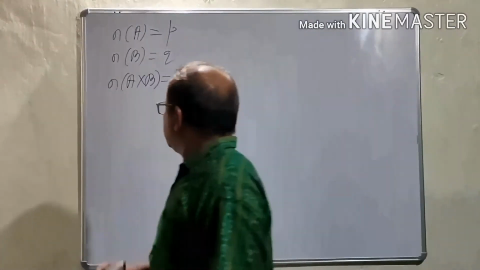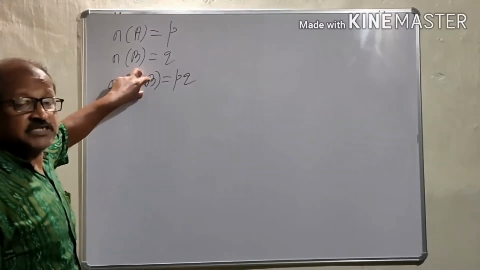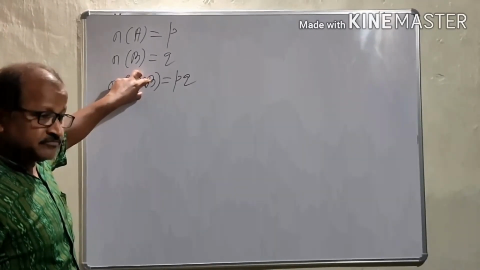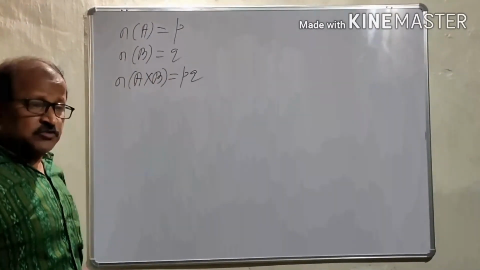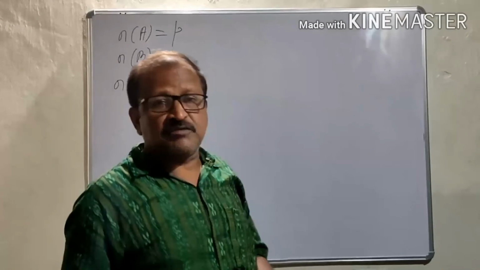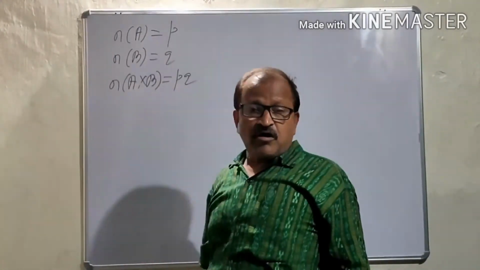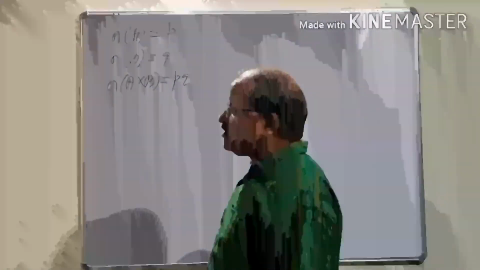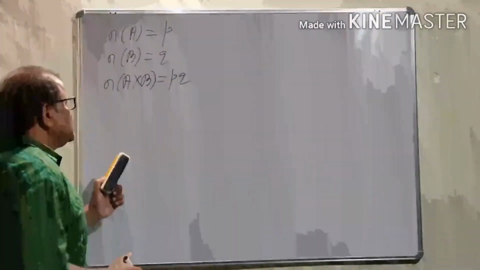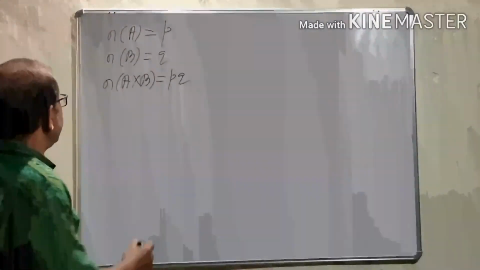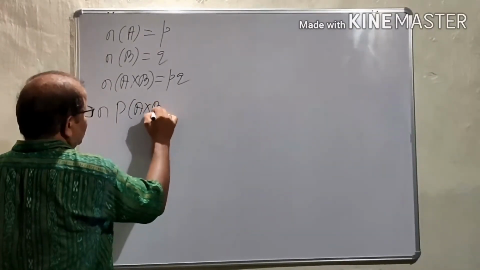How can we know? A relation is a subset of A Cartesian product B. So the number of relations is the number of different subsets that can be formed from A Cartesian product B. That is the cardinality of its power set.